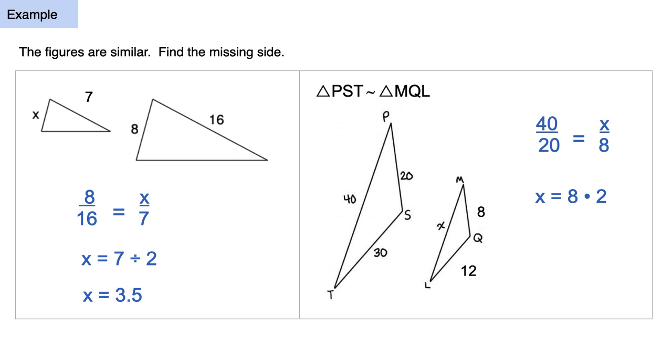X equals 16. So we just want to point out that while cross products are helpful and good and valuable, sometimes you don't have access to a calculator, and so you want to look for another way of making sense of these problems to solve for the missing side.